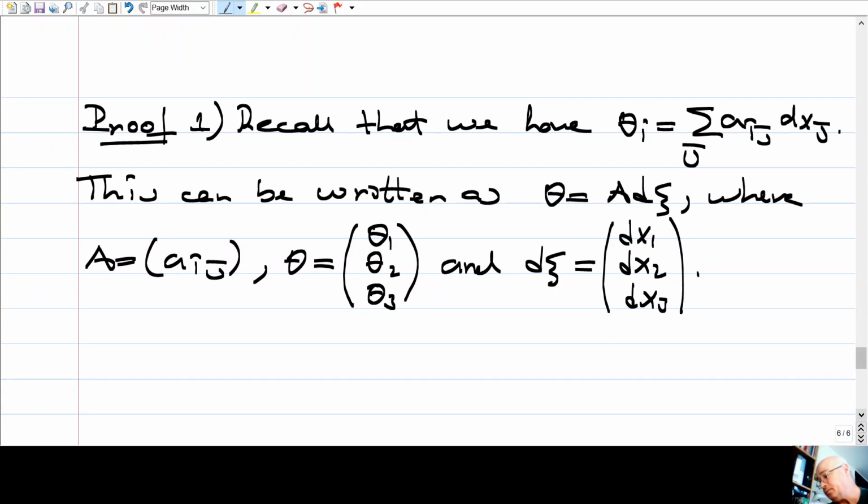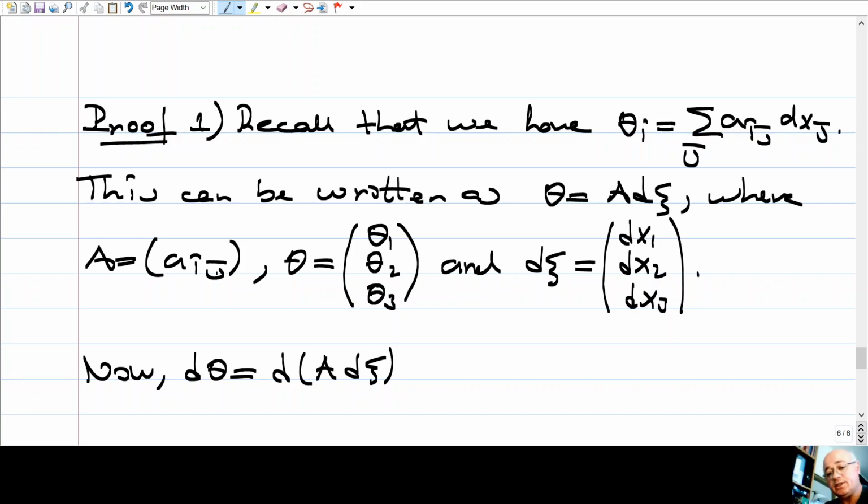All right. Now take the derivative of this theta. d theta becomes what? d of A times dx. Here, these are functions multiplied with one forms. How would you take the derivative of this? Well, I just take the differential of each entry of this matrix multiplication.